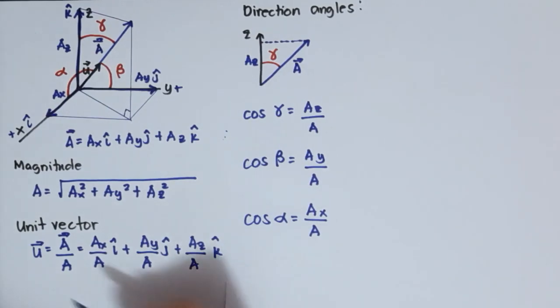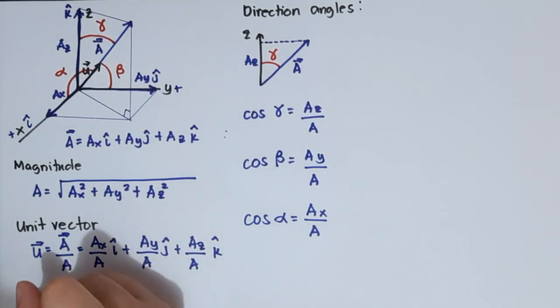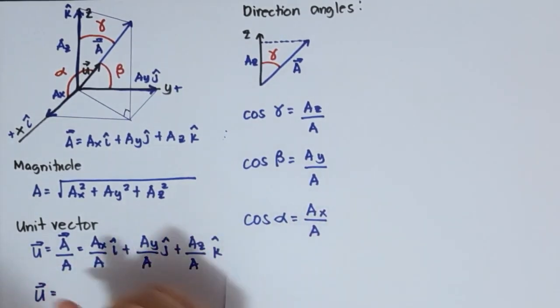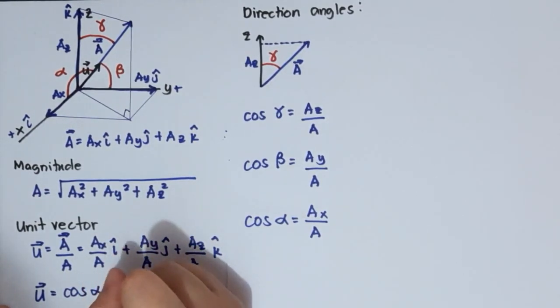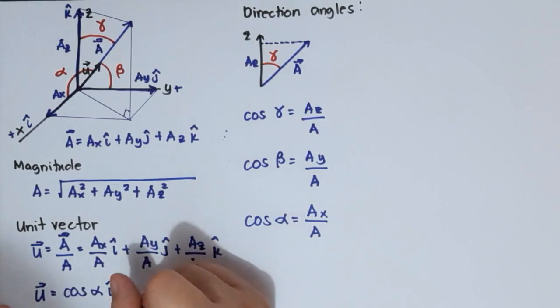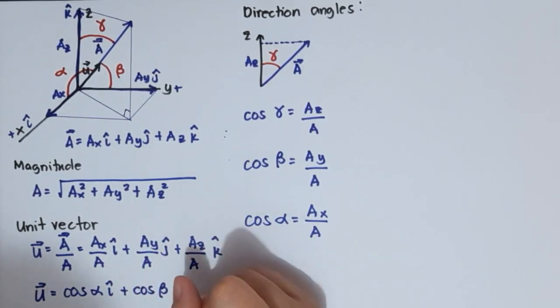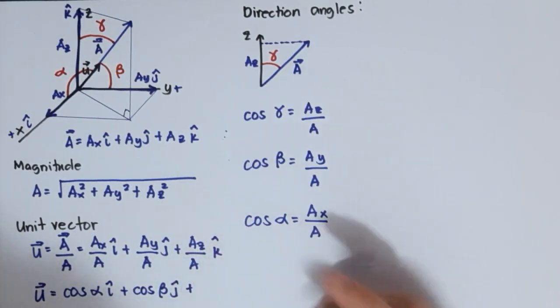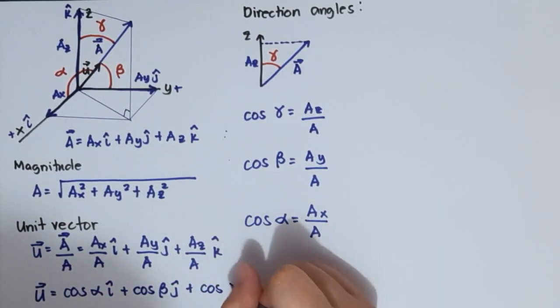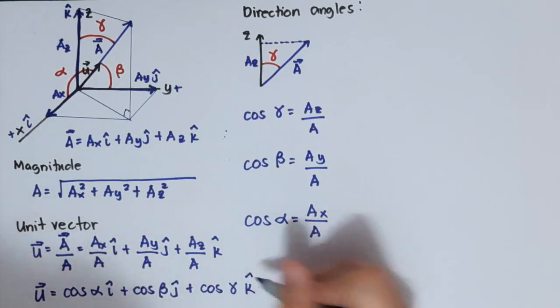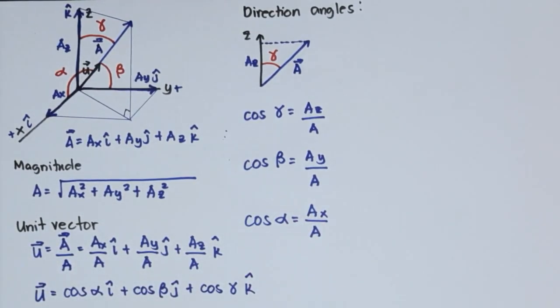So I can have my second formula for my unit vector as cosine alpha i hat plus cosine beta j hat plus cosine gamma k hat. And this is the second formula for the unit vector of A.